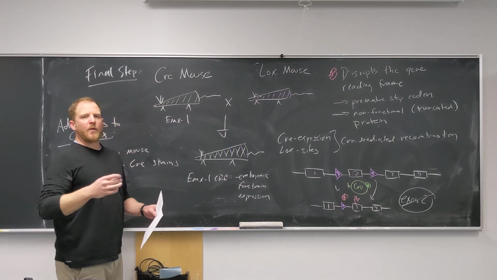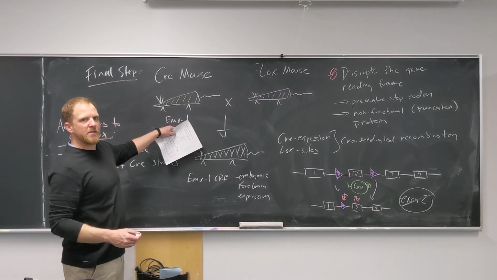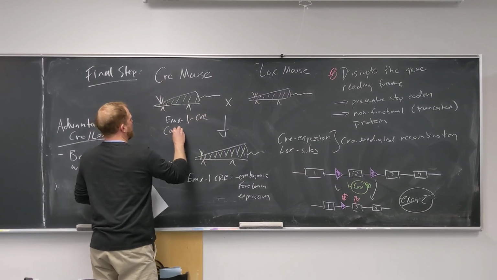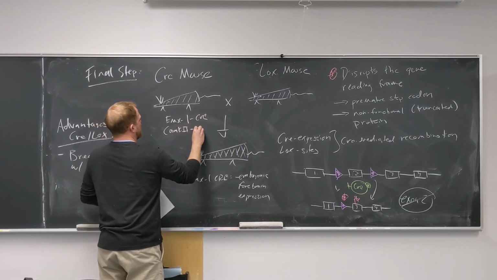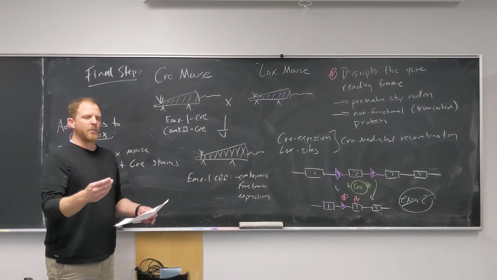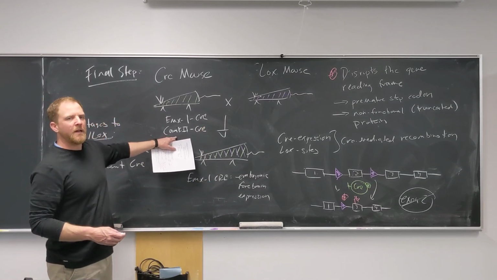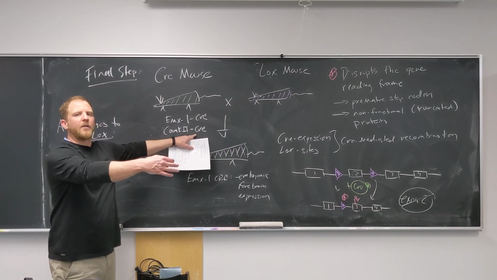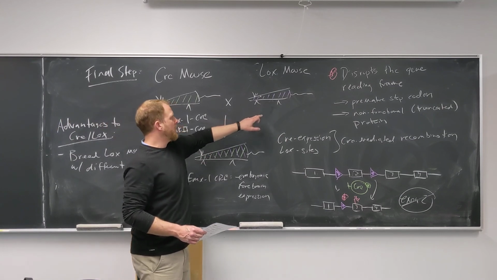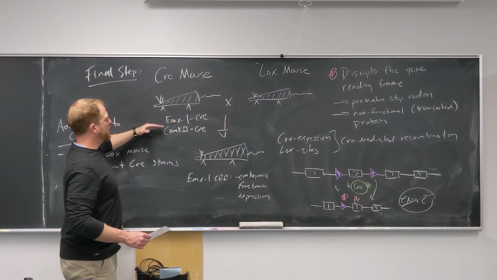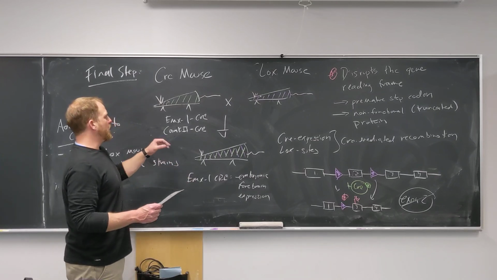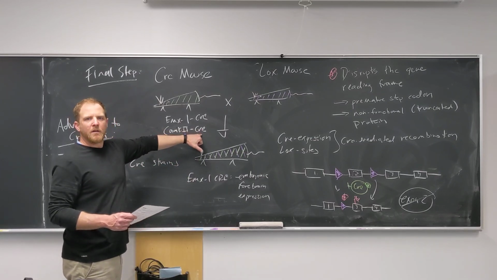But I also talked about how they went on after doing this EMX1 stuff to then breed this with a CAMK2 Cre strain. Okay, similar spatial temporal expression, except that this CAMK2 promoter didn't start expressing Cre until later on in adulthood. Okay, so they only had to make this Lox mouse once, and then you can breed it to different Cre driver strains. I call them Cre driver strains because it's the promoter here that's driving expression of the Cre recombinase.